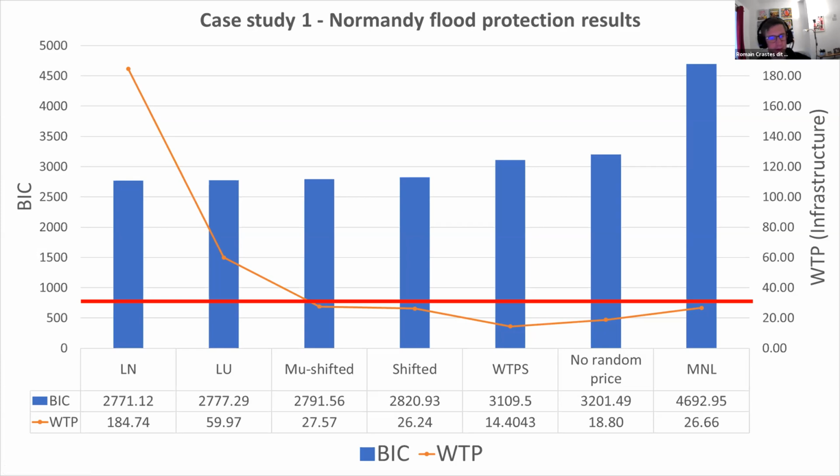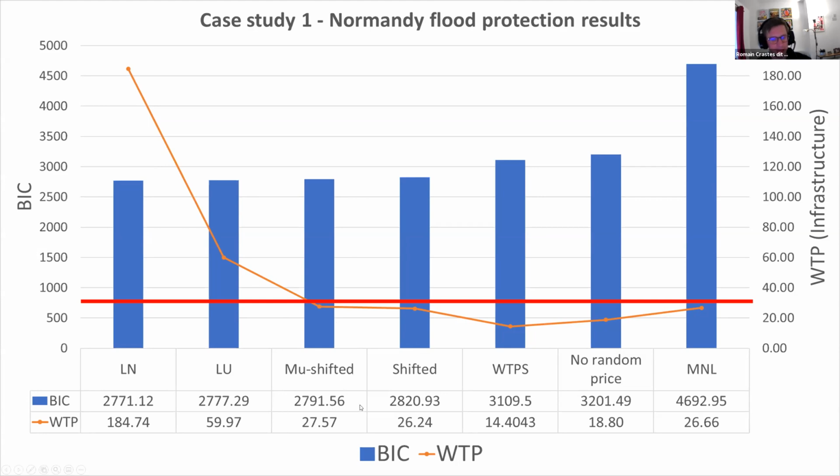Now, let's look at the mu shifting model, which again has the same number of parameters, and the shifting models, by the way, have the same number of parameters as the log normal and log uniform models. But instead of very high values, they give values which are actually in line with the multinomial logit model and a bit higher than the willingness to pay space approach.